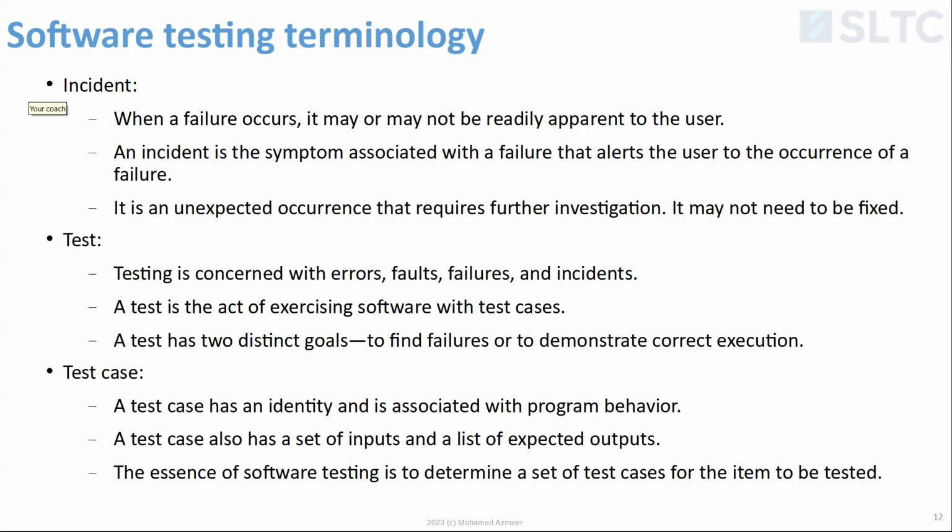So then we can assign that to the person who wrote the code. So each test case has an identification. It also has certain inputs and expected output, right? So our job when it comes to software testing is to write the test cases, as many as possible. That's the main job of the software tester.